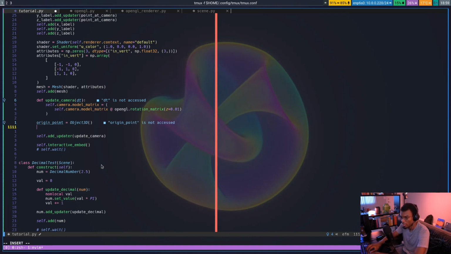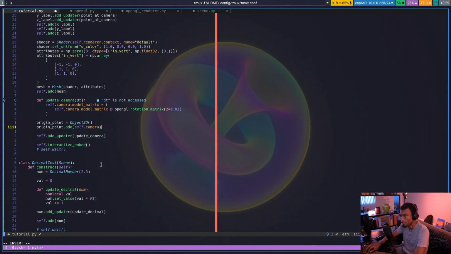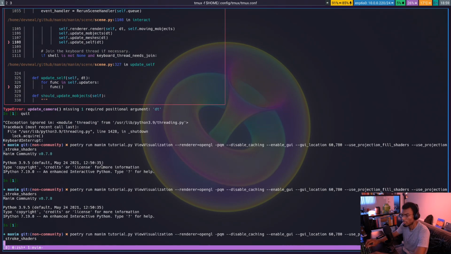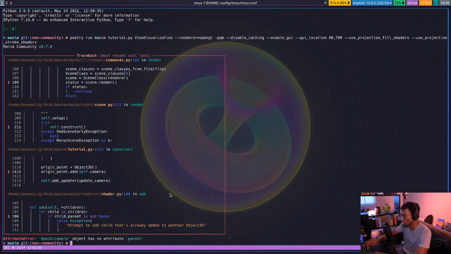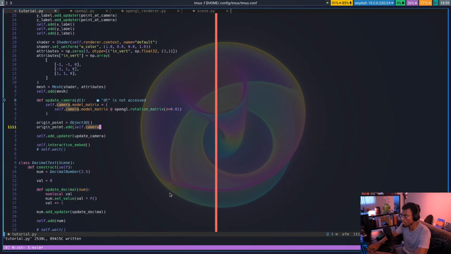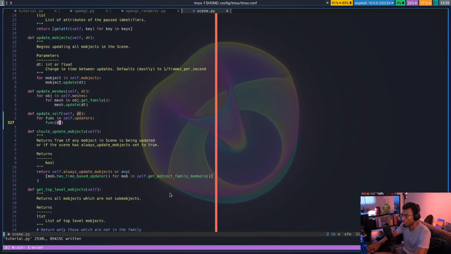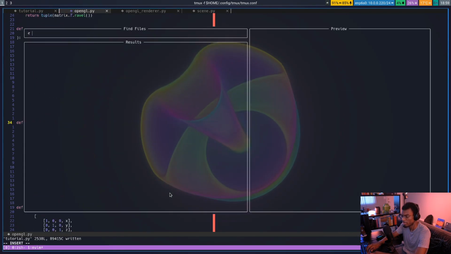I did it on my tutorial branch, but I haven't brought them over before. And I'll add it to this. Make sure that doesn't break anything. And I guess it does. Child.parent is not none. I guess just have a parent attribute, but do mobjects not have parent attributes by default?